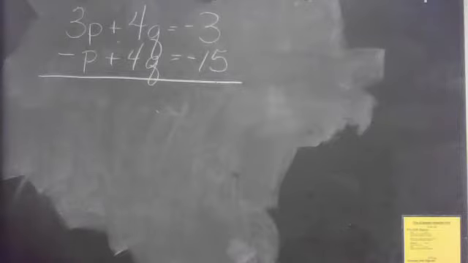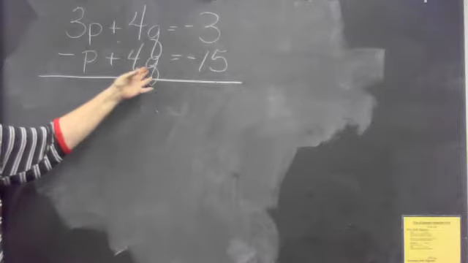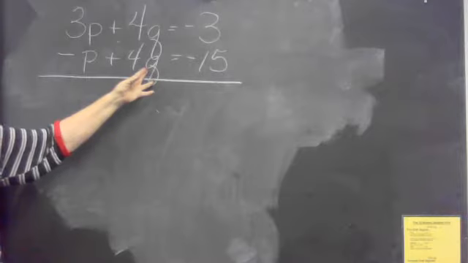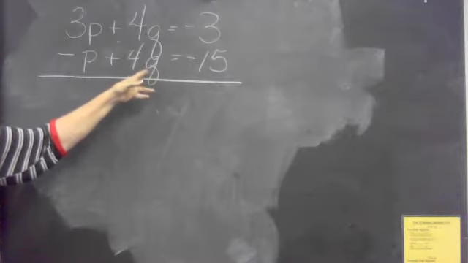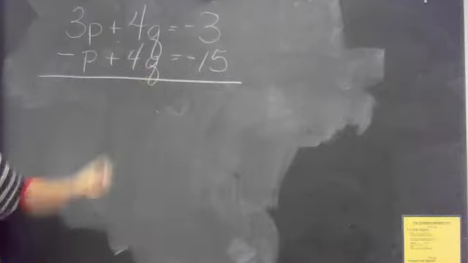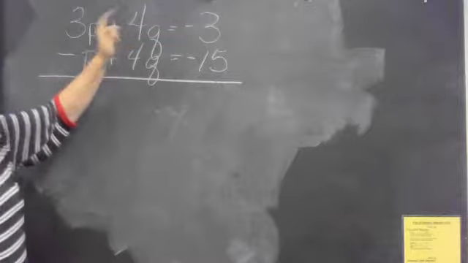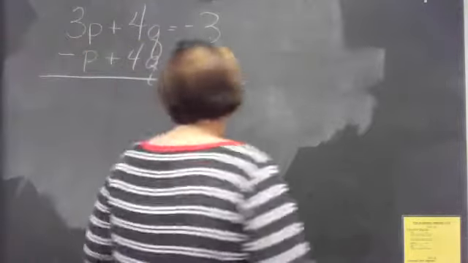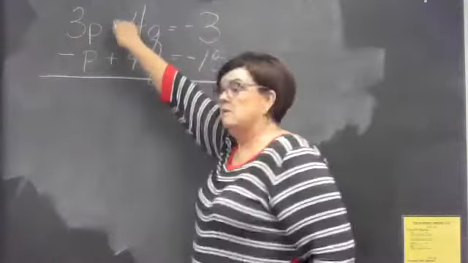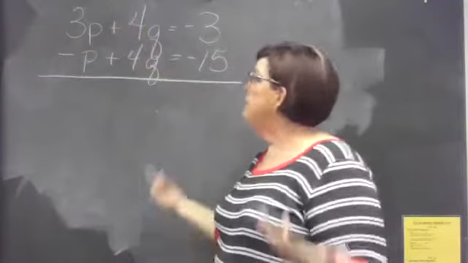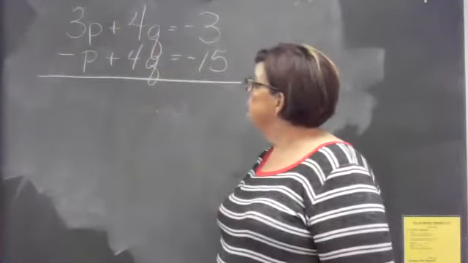It looks like the easiest one would be the Q's. But look closer. These are not going to zero each other out. Do they add? Both of them are positive. And we said the numbers have to be the same and the signs have to be opposite. What am I going to do?